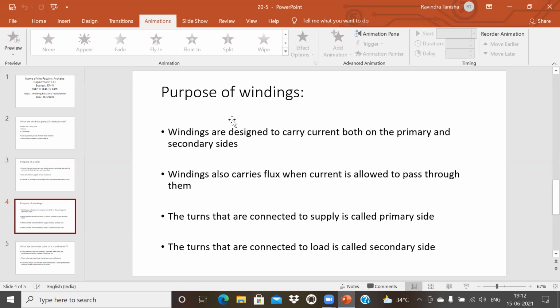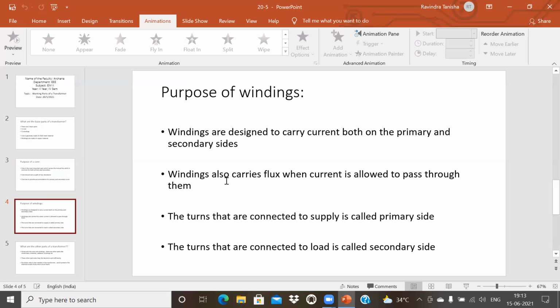These windings are of two types. The windings of the primary circuit are the primary side windings, and the windings of the secondary circuit are the secondary side windings. So there are two sets of windings. The number of turns on the primary side is called N1. The number of turns on the secondary side is called N2.